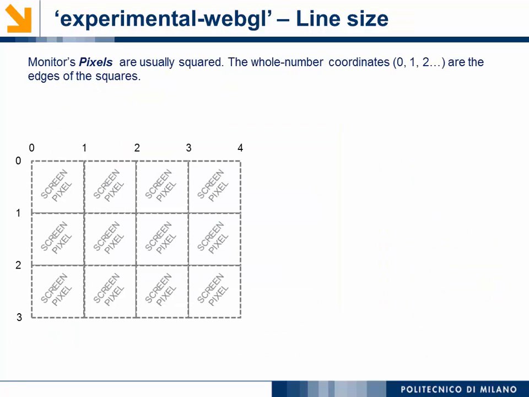Why is this important? Because in a way it helps you to avoid issues with different screen sizes. You just draw inside a canvas, and it's up to the browser, up to the operating system, to convert what you see on the specific monitor that you are using.